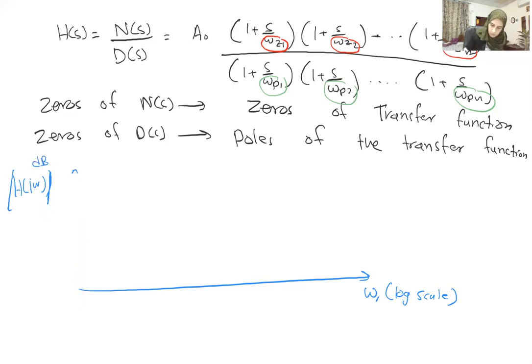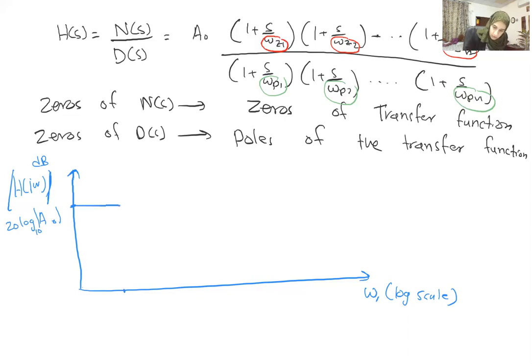And this value here, the maximum value, is 20 log at the DC when all the S's are 0, 20 log base 10 of A0. So this is the maximum value that we can reach here at the DC. And so we will continue straight.